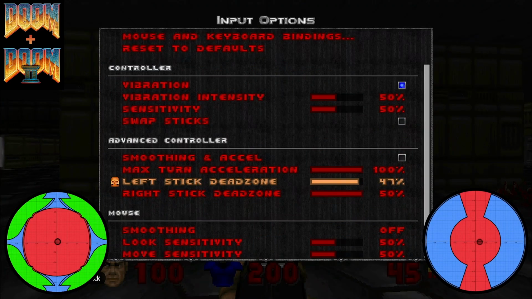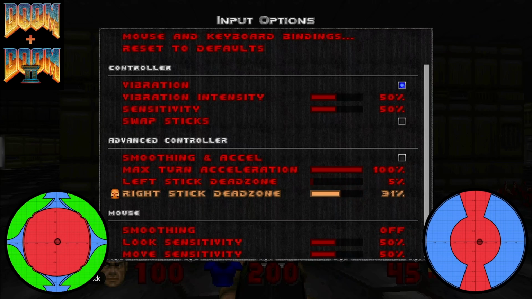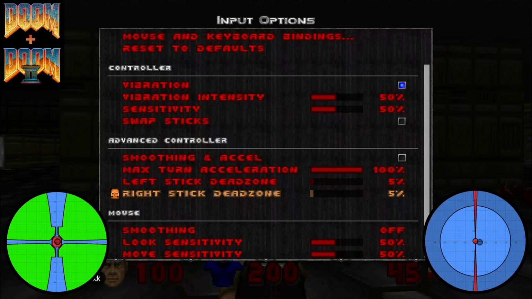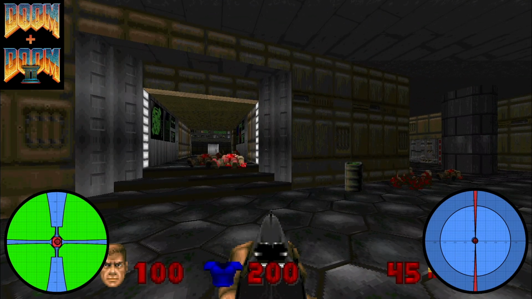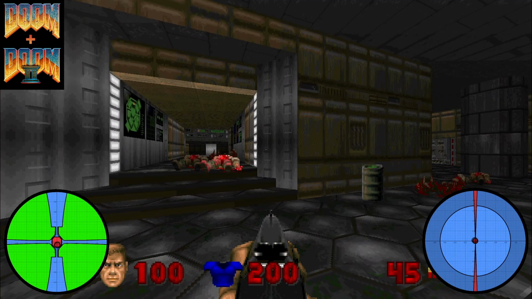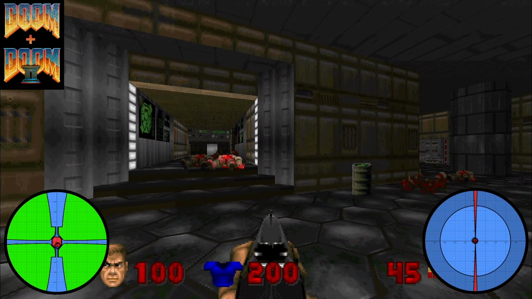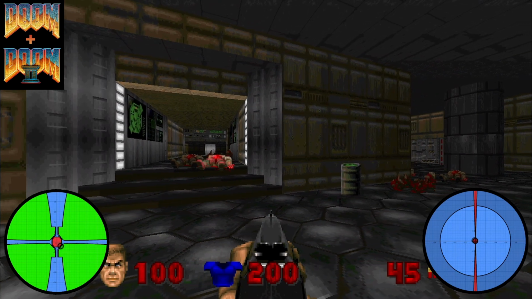To look at the minimum, you can see that movement again is larger than what the option says, and at this point it's at its most square shape.